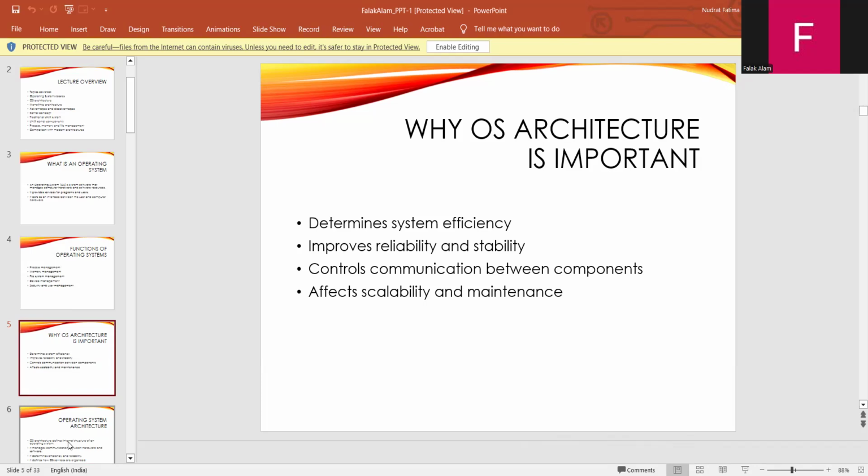Another important factor is scalability. As technology evolves, the operating system must support new hardware devices and additional features. A good architecture makes it easier to extend the system. Therefore, operating system architecture plays a crucial role in determining the performance, reliability, and flexibility of the system.